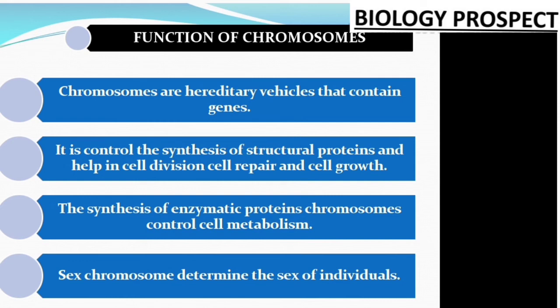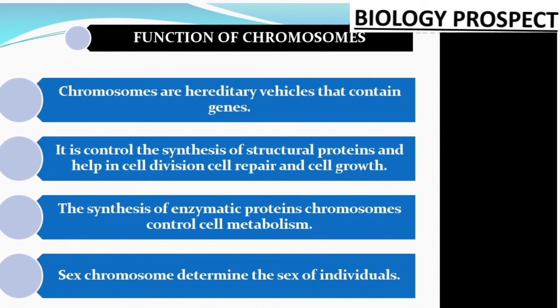Second, they control the synthesis of structural proteins and help in cell division, cell repair, and cell growth. In the next session we will start to learn cell division, where we will observe how the cell divides and what changes take place inside the chromosome.